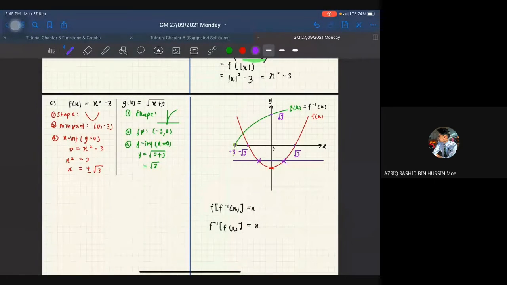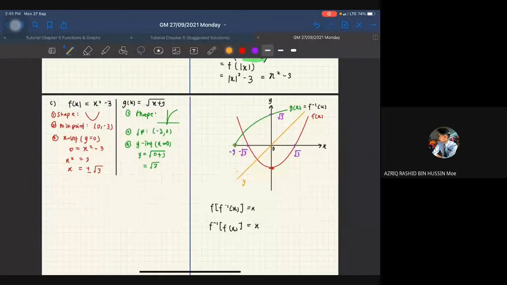That means when we reflect g(x) on the line y = x, let me try to reflect it. Let's use yellow color. Okay, so I draw a line y = x, a bit lower.